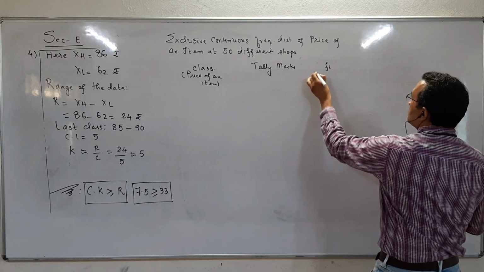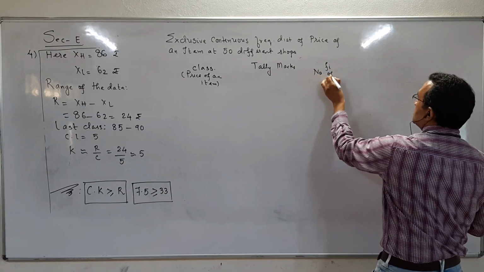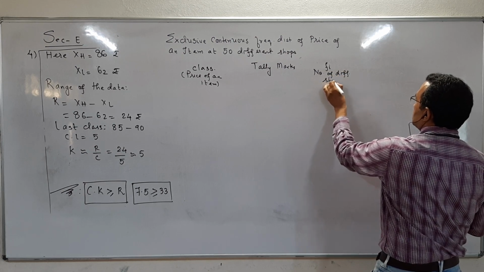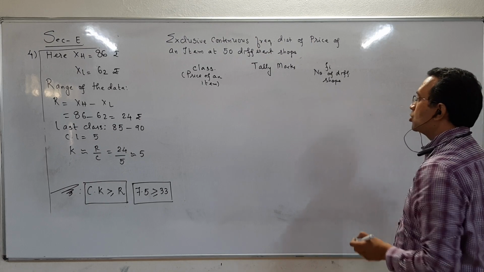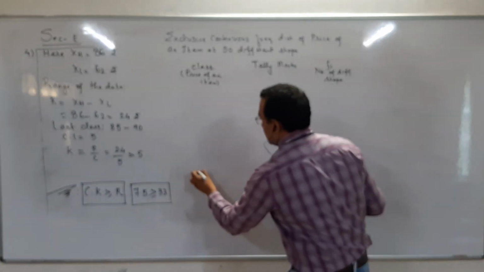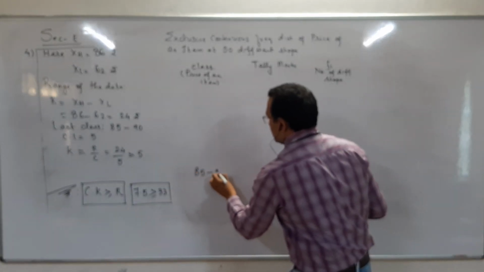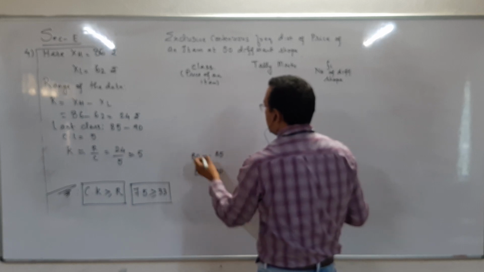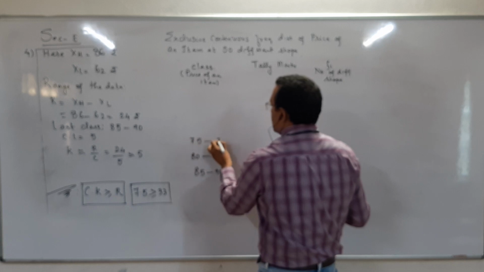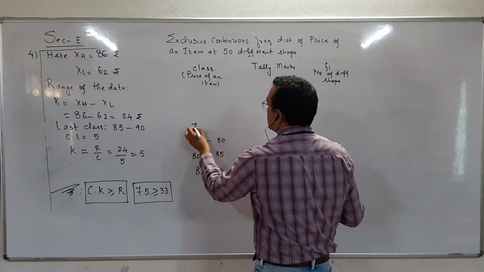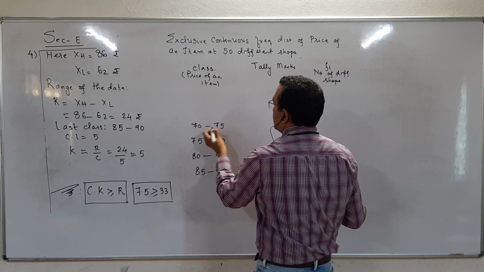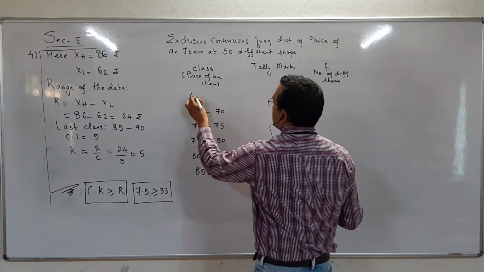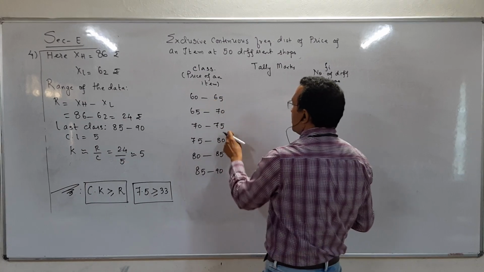Telemarks, of course, frequency is the number of different shops. The last class is 85 to 90. Above class will be 80 to 85, 75 to 80, 70 to 75, 65 to 70, and 60 to 65.